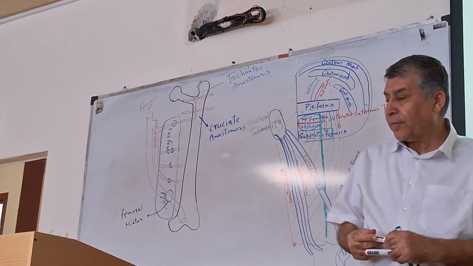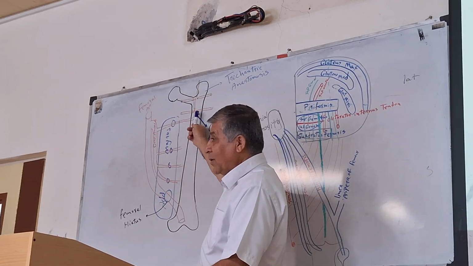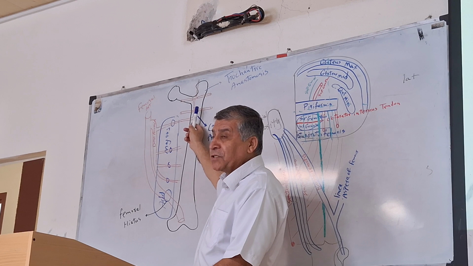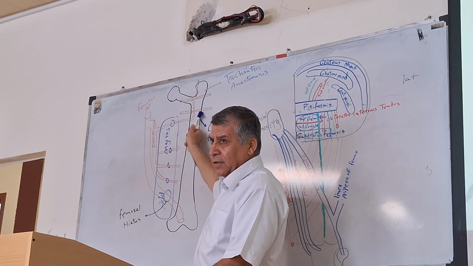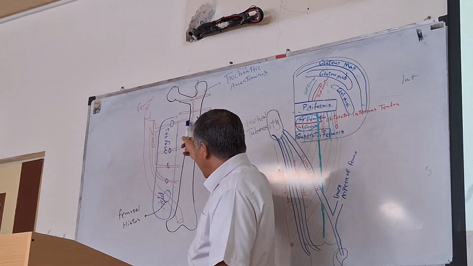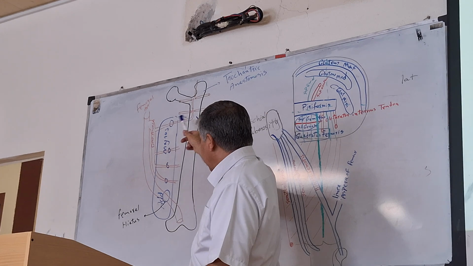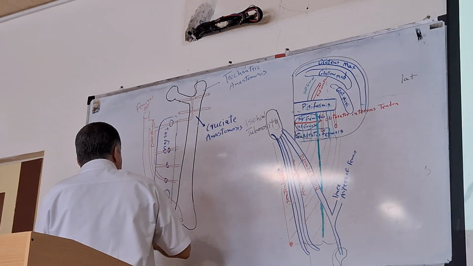Which arteries contribute to formation of the cruciate anastomosis? First, the first perforating artery.